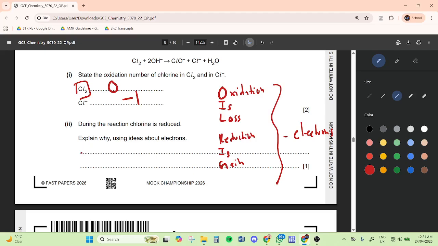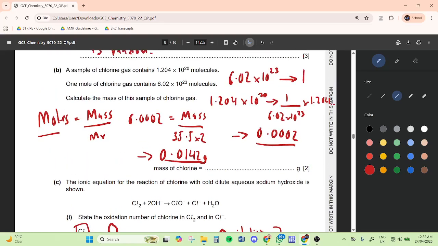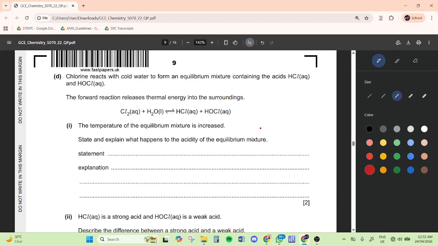So you're going to write that chlorine gains electrons. Again, I apologize for my handwriting in case anyone is, I'm not exactly sure. It doesn't really translate that well online, and it's also not that good in person too. But yeah, let's move forward.